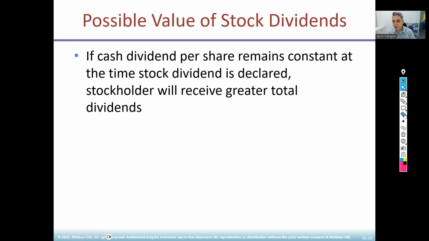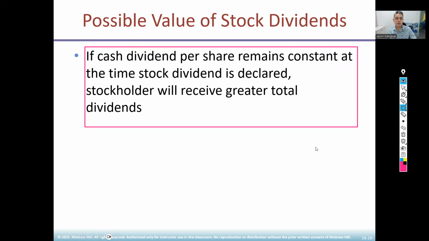If the cash dividend per share remains constant at the time the stock dividend is declared, the shareholder will receive greater total dividends. This is the good thing about a stock dividend.